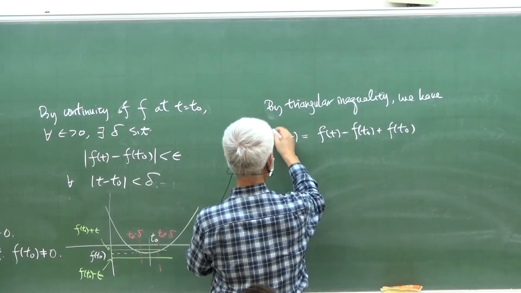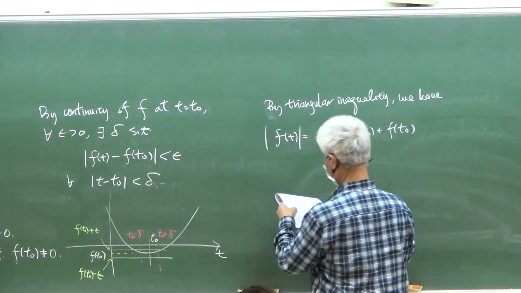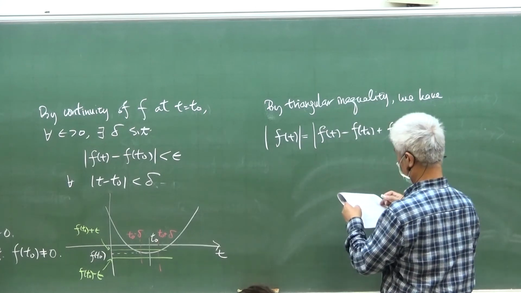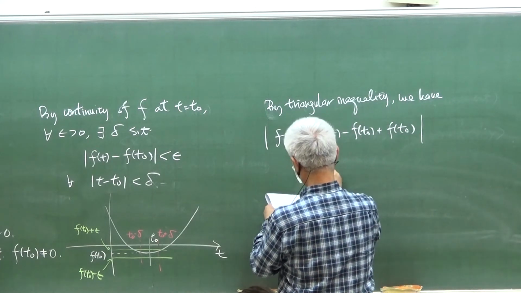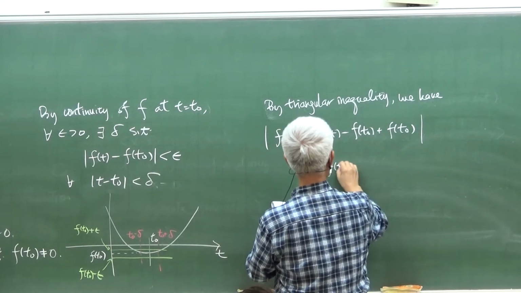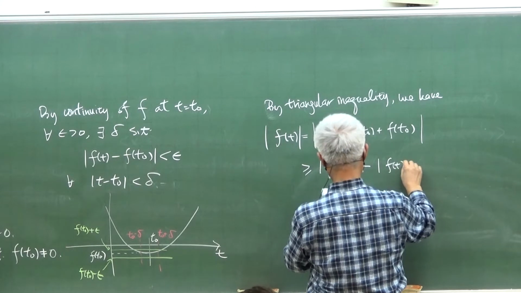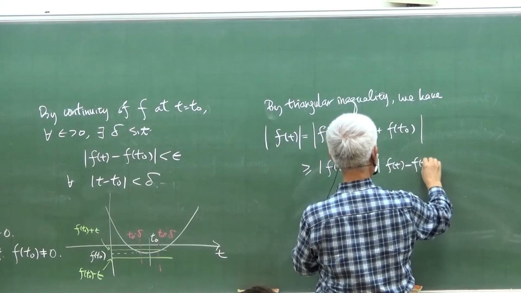Okay, and so the absolute value of f of t would be greater than or equal to the absolute value of f of t0 minus the absolute value of f of t minus f of t0.